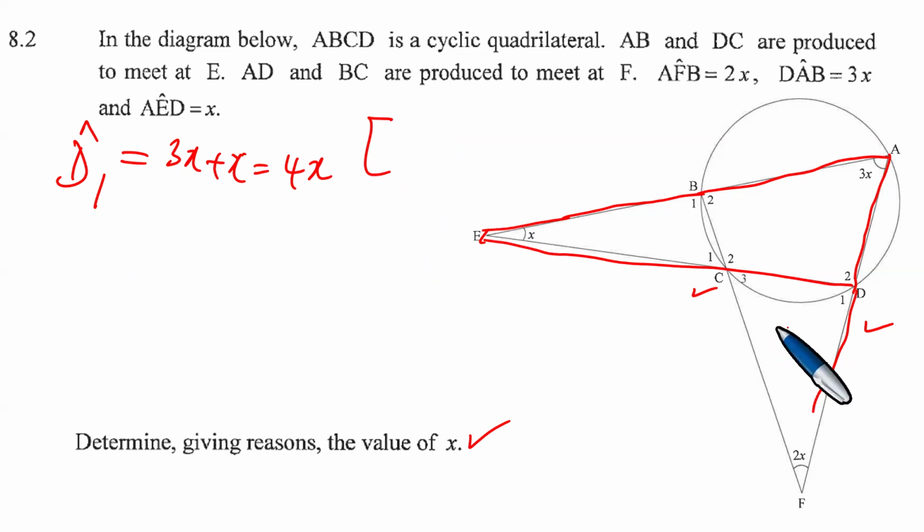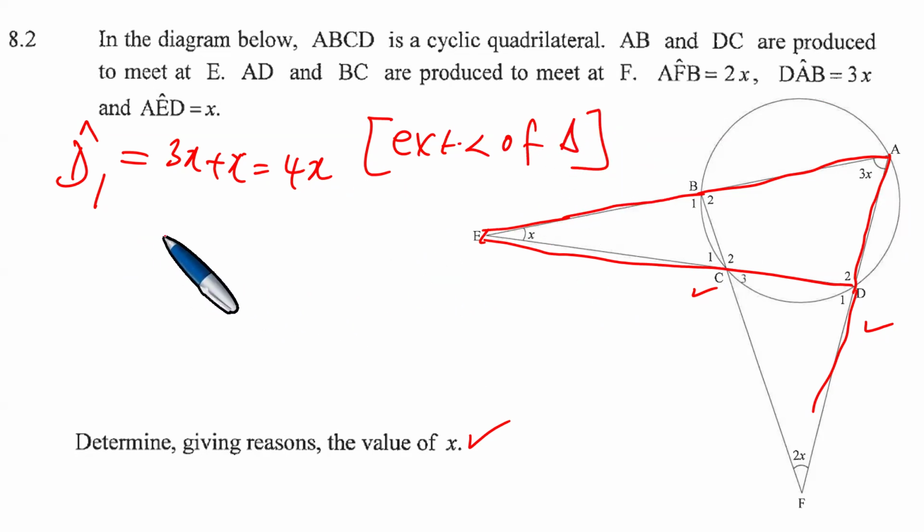And why is this? From grade 10, it is the exterior angle of a triangle. This D1 is the sum of these 3x and that x. So we write: exterior angle of triangle, and we understand that the exterior angle of a triangle is the sum of the interior opposite angles. So we found this one to be 4x.